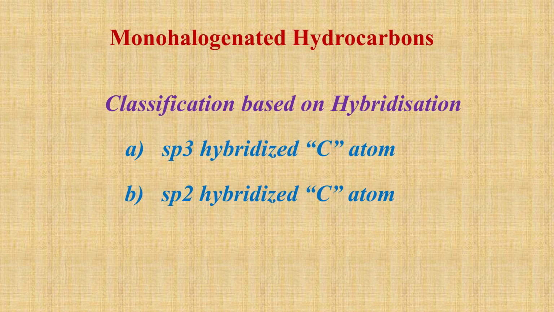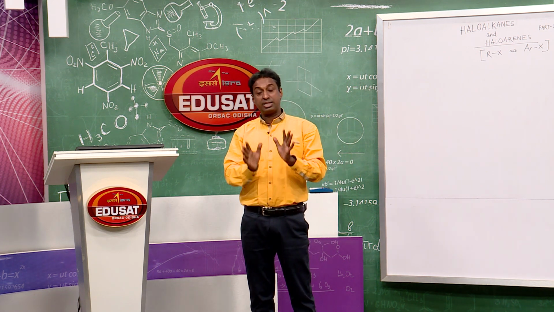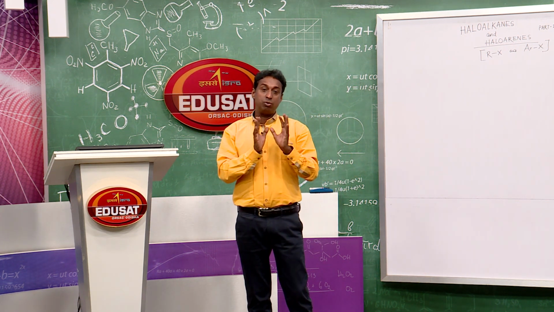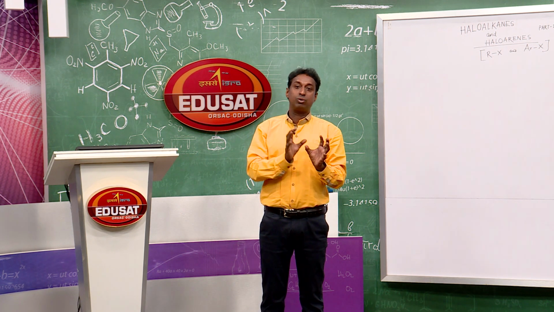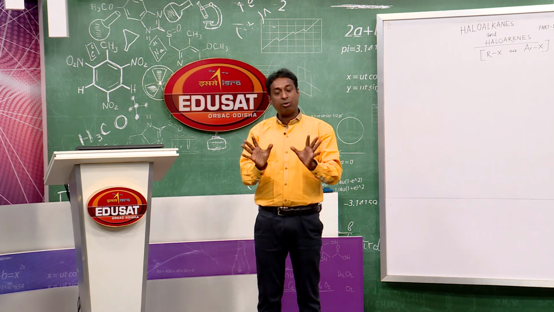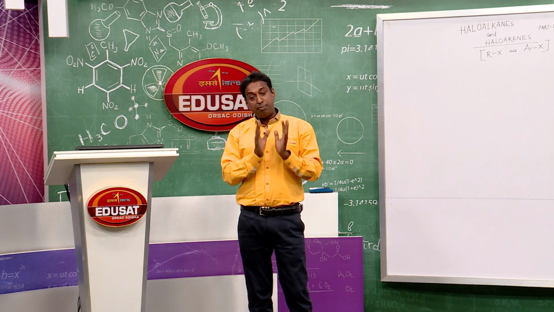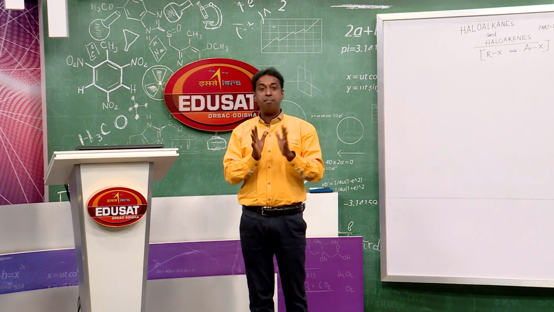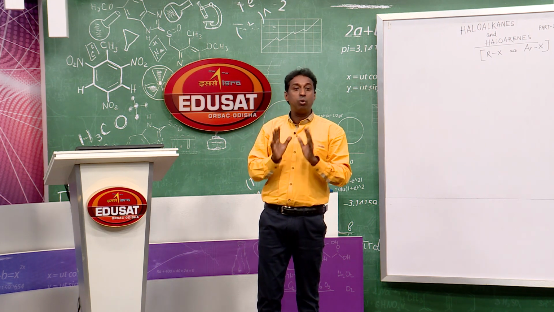One is an sp3 hybridized carbon atom to which you attach halogen, or an sp2 hybridized carbon atom to which you attach halogen. One by one we will discuss, because this is very important. Once you know the compound, once you write the structure, then only in the exam you can answer the question. Therefore, classification and nomenclature is very important to know.